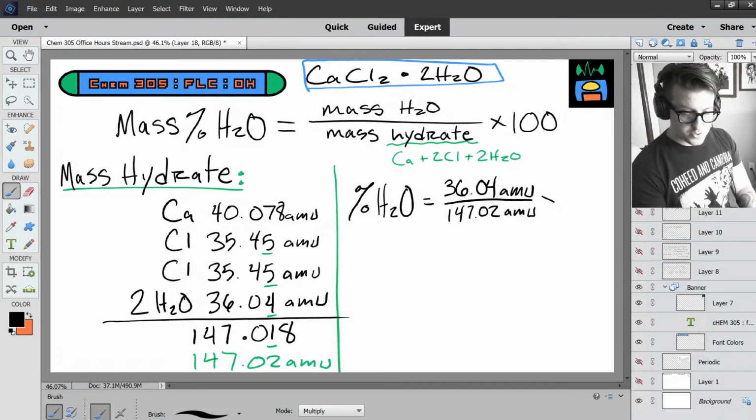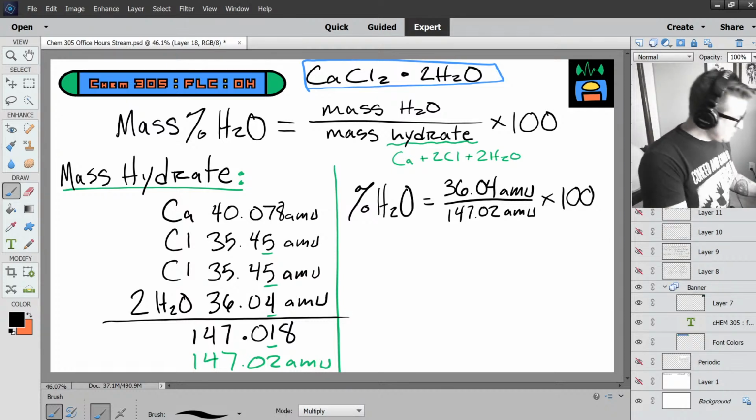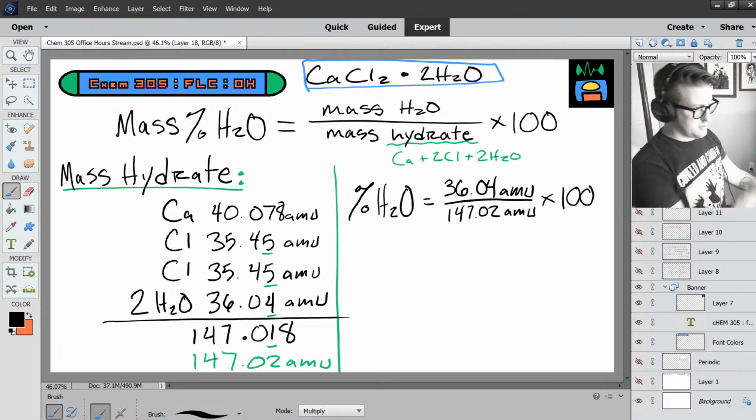So we take those two, divide the mass of our water by the mass of the entire hydrate, divide one by the other, multiplied by 100.